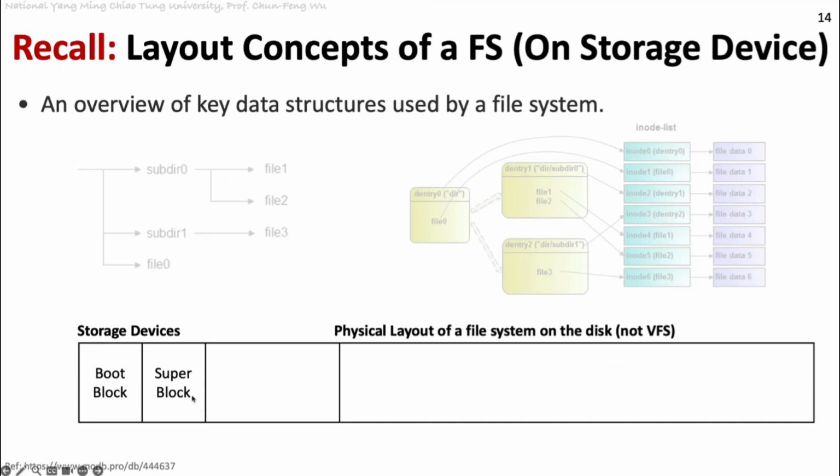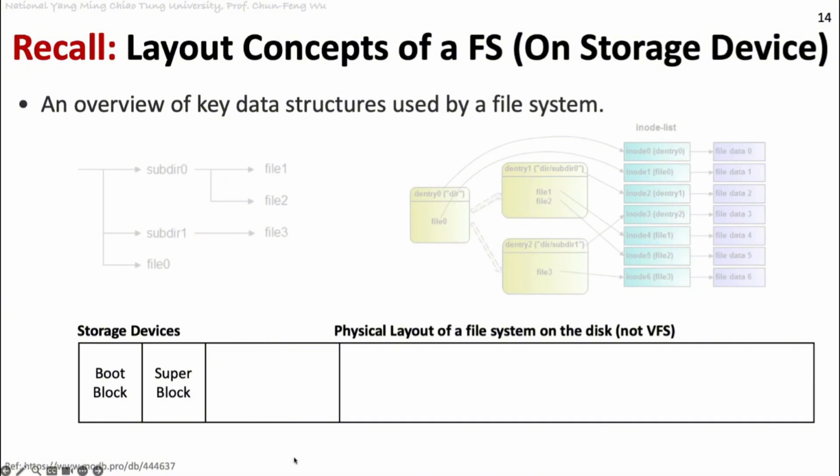And then the super block. For each disk, you can have your own file system. So the super block describes which kind of file system you are using and what kind of rules you are going to follow. For example, if you partition this disk as ext3, then this super block is an ext3 super block.